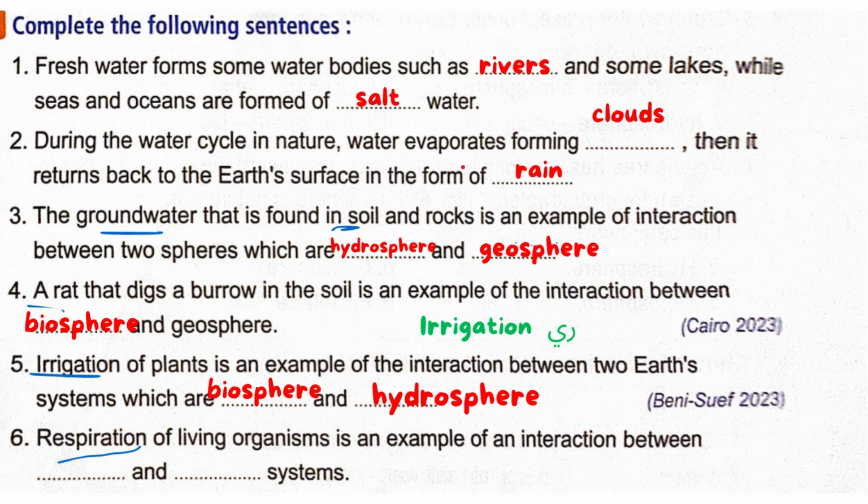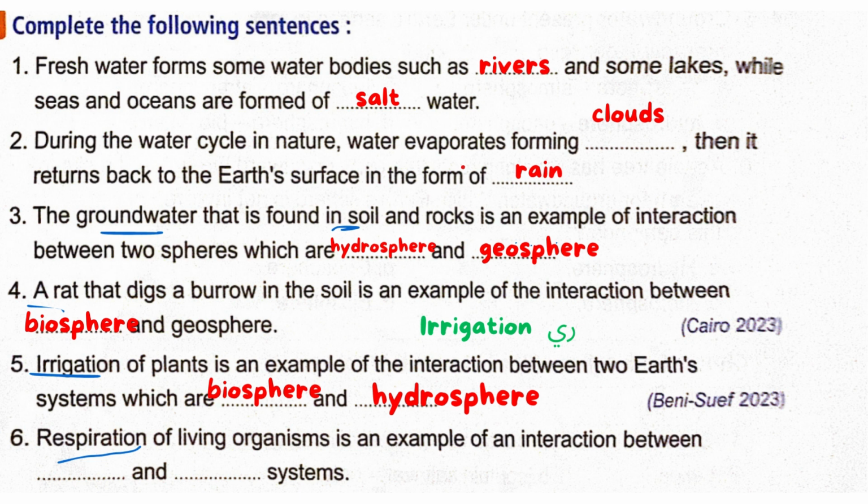Here we have: respiration of living organisms is an example of interaction between, yes, we know that in respiration we have oxygen that enters our lungs, and carbon dioxide which comes out from our lungs.